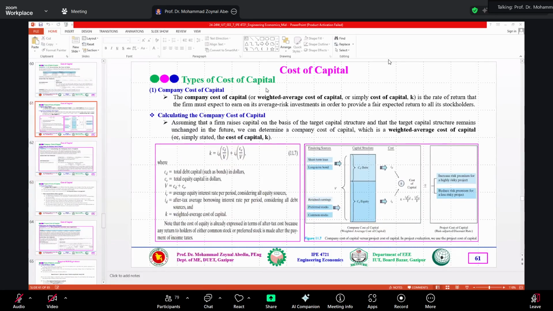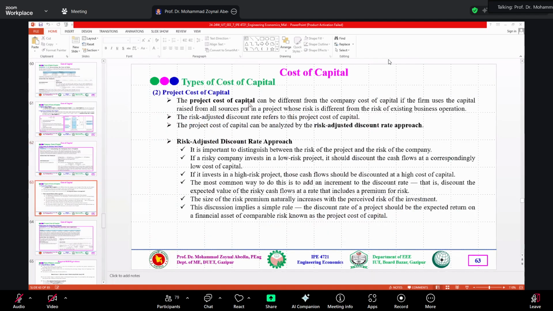So the first type of cost of capital is the company cost of capital. Now the second one is the project cost of capital. The project cost of capital can be different from the company's cost of capital if the firm uses the capital raised from all sources and puts it in a project whose risk is different from the risks of existing business operations. The risk adjusted discount rate refers to this project cost of capital.